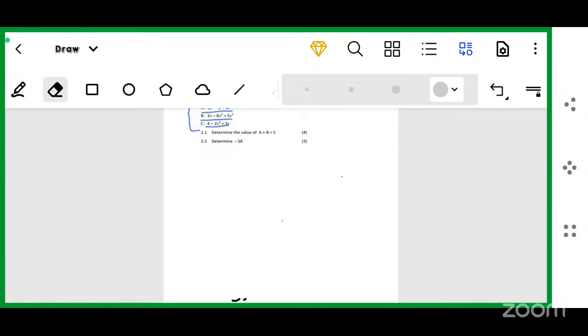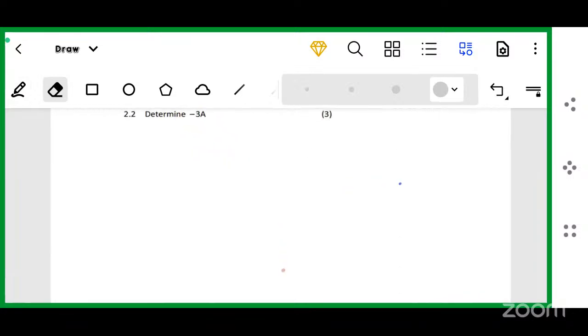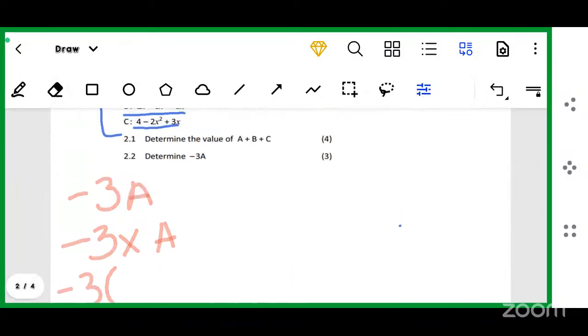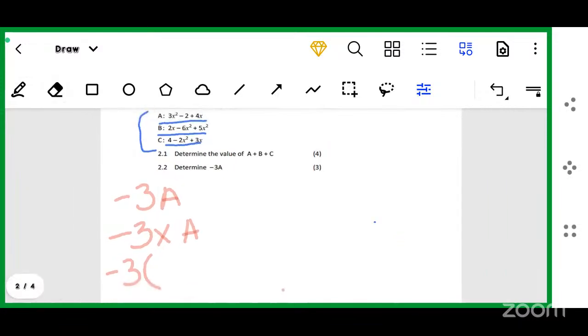What we're gonna have now is negative 3a, which is the same as saying negative 3 multiplied by a. What we're gonna have lastly is negative 3 into what is the value of a. You get me?